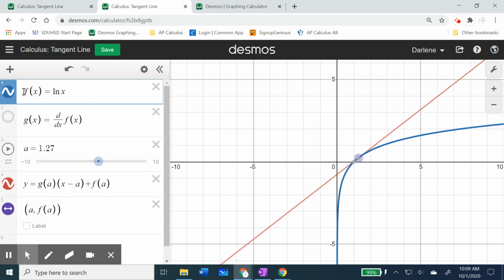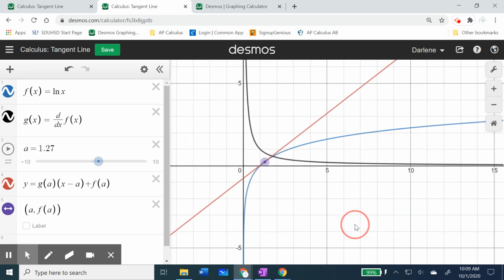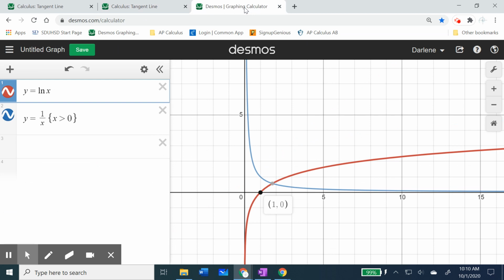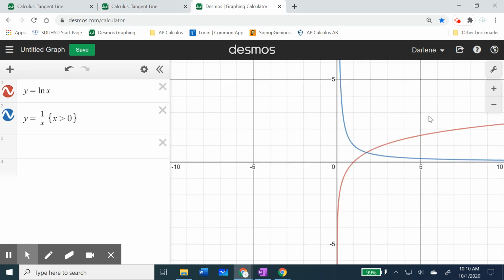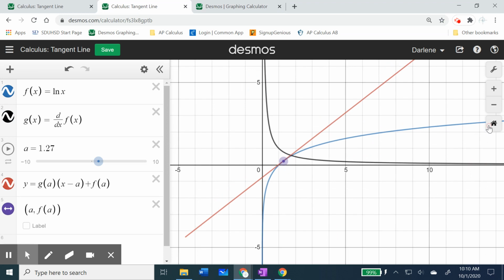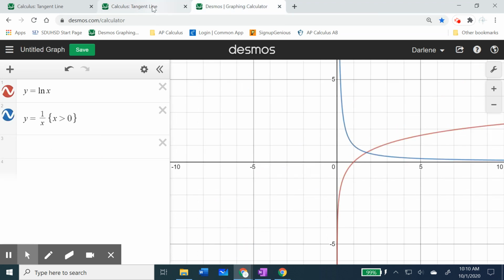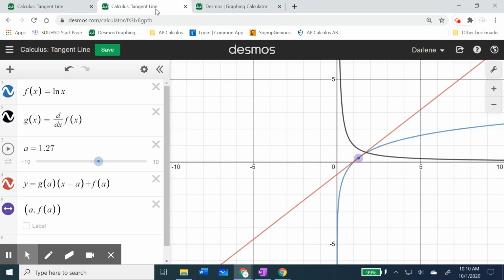So I changed the f of x function to being just natural log x. And let's see. There is its derivative. Does that definitely look like what we just saw with 1 over x? Try and put it in the same position. Yay, it's the same thing.